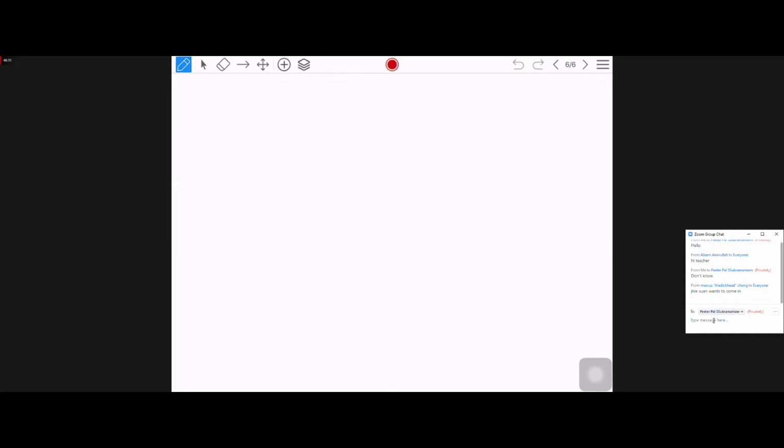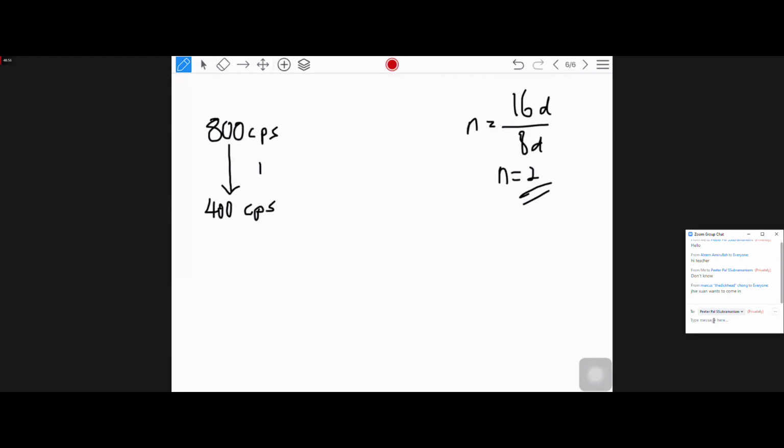You take 800 counts per second. The total time is 16 days and each half-life is 8 days, so it occurs only twice. The first half-life drops it to 400 counts per second. Then 400 drops to 200 counts per second at the second half-life. Done. This is the answer.